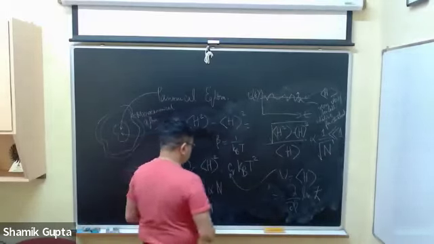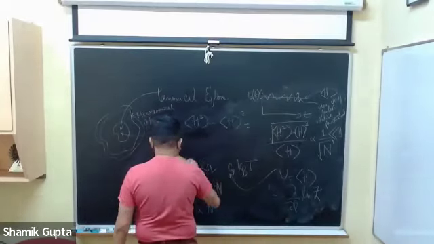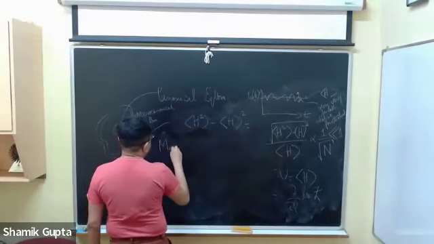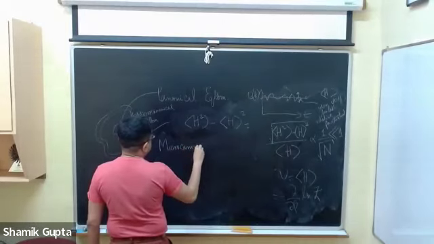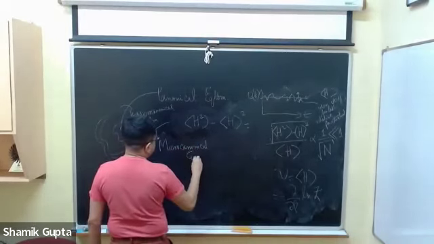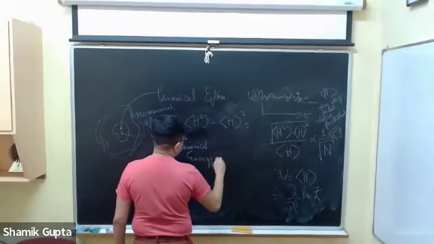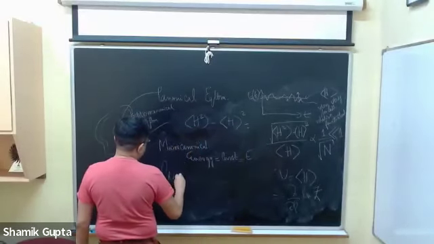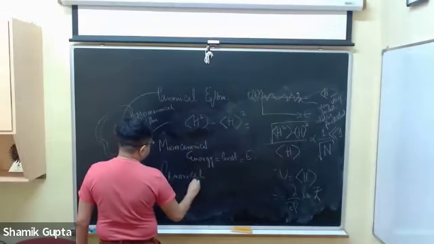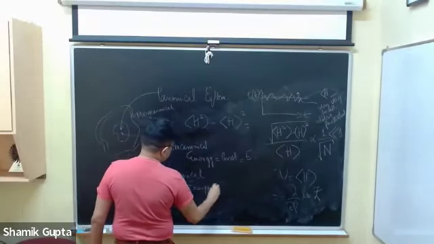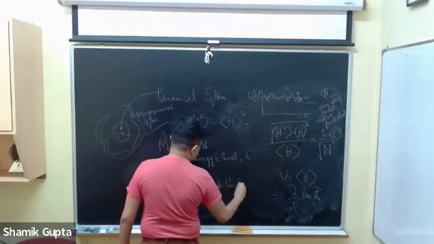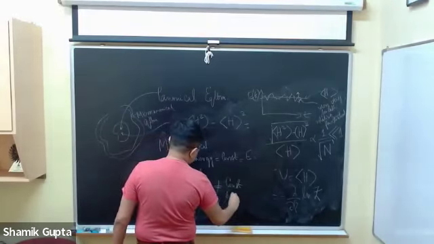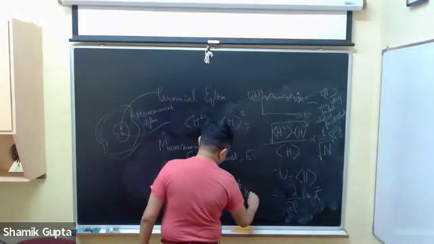So in the microcanonical ensemble, energy was constant, equal to some value, let's say E. In the canonical ensemble, energy is not a constant, but has very small fluctuations.